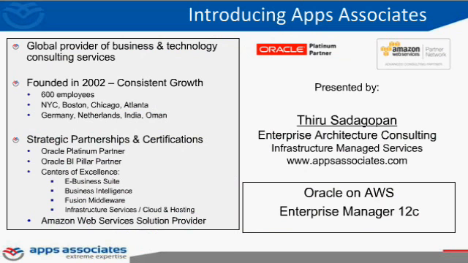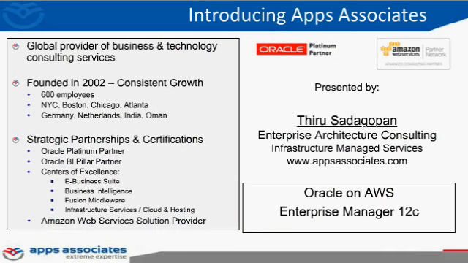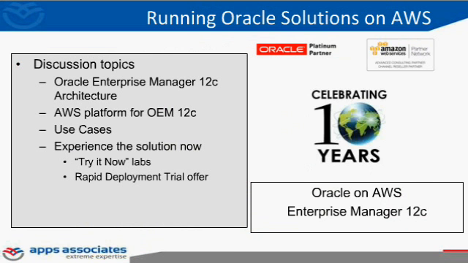In the conversation today, we're going to be focusing on running Oracle solutions on Amazon Web Services with specific focus on Oracle Enterprise Manager. Tom gave a good brief introduction of the capabilities of Amazon Web Services, infrastructure as a service, and how some of the thousands of customers are leveraging the AWS platform for running Oracle solutions.